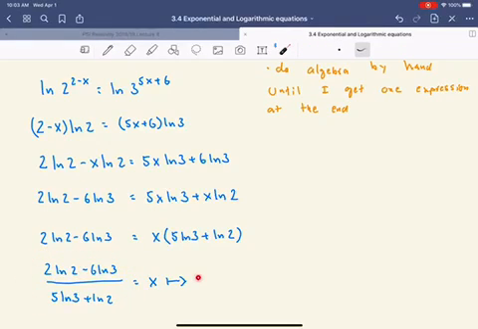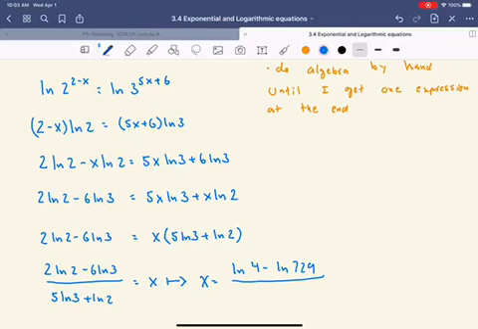So x equals, I'm going to write this as a single natural log in the numerator. Well, the 2 comes back here, so that becomes natural log of 4. The 6 comes up here as 3 to the 6, so let's write this as natural log of 4 minus natural log of 3 to the 6, which is 729.